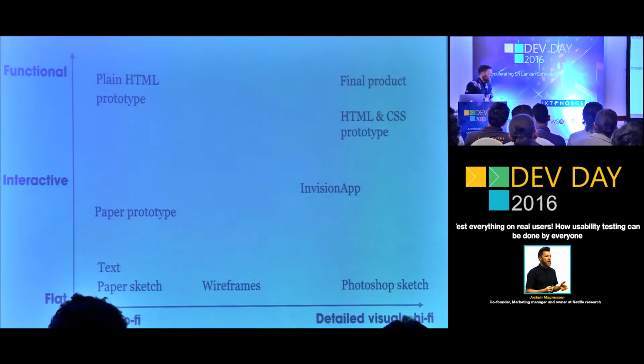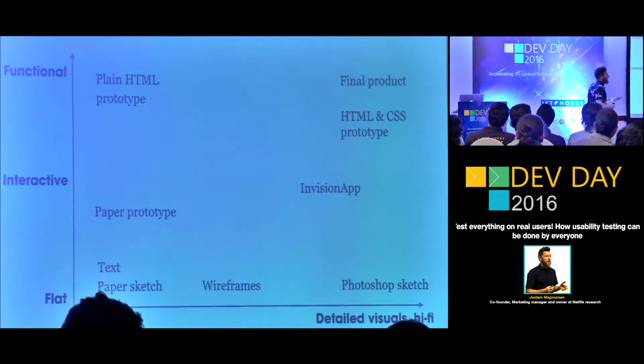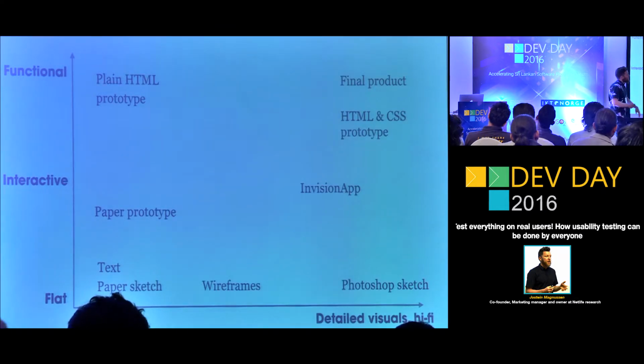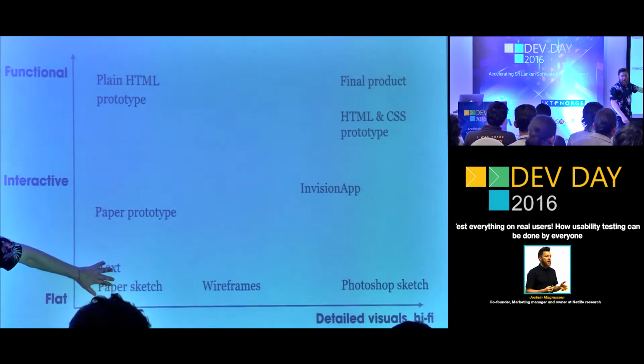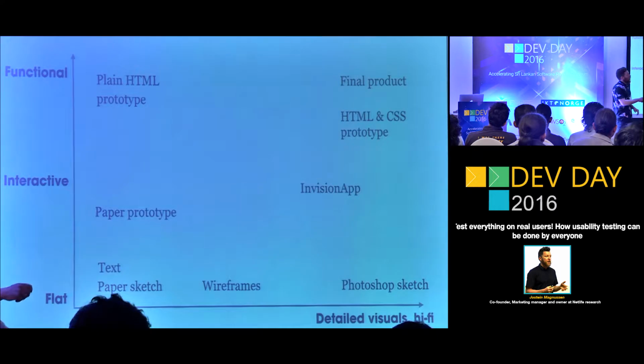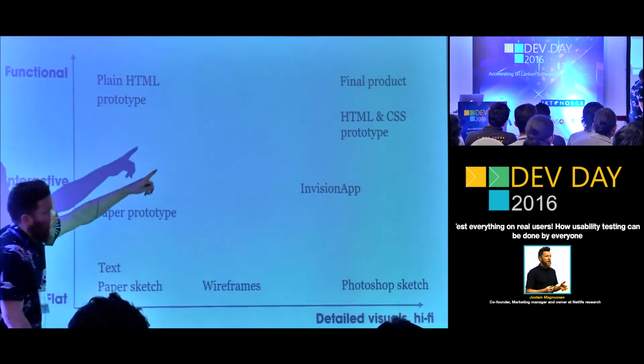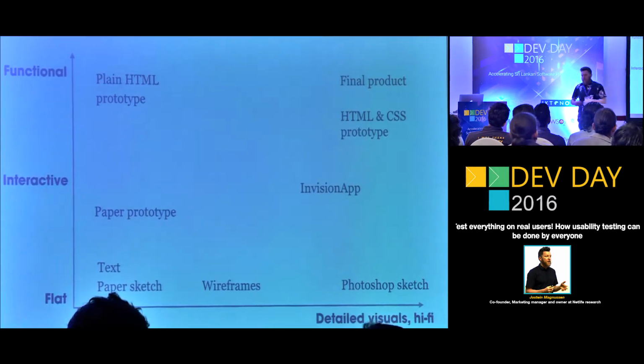Yes, so you have a lot of different fidelities of the prototypes, but the moral of this is to start testing what you're building as early as possible. So don't wait until you have the final product or the prototype in code.